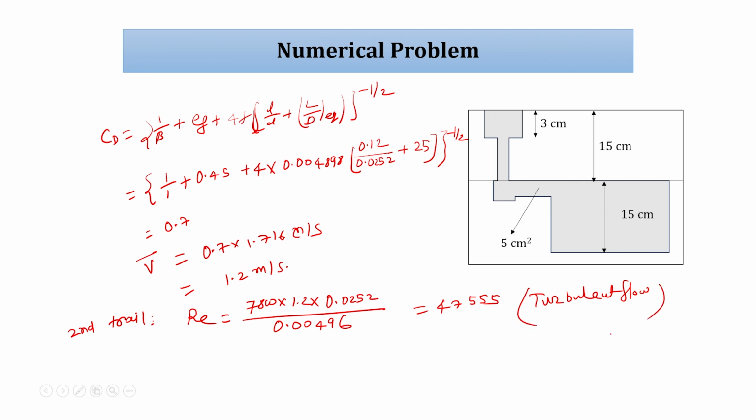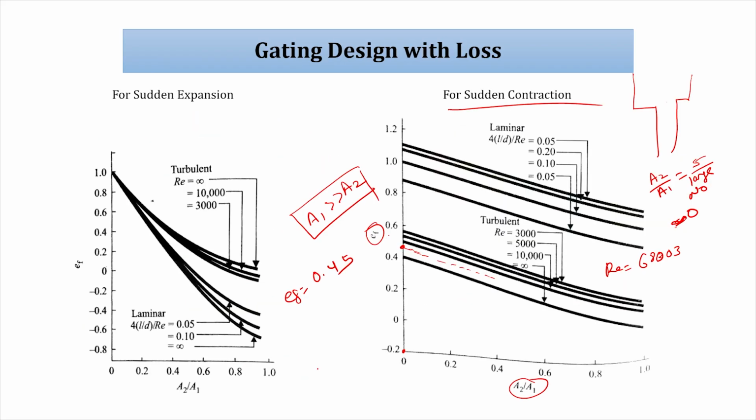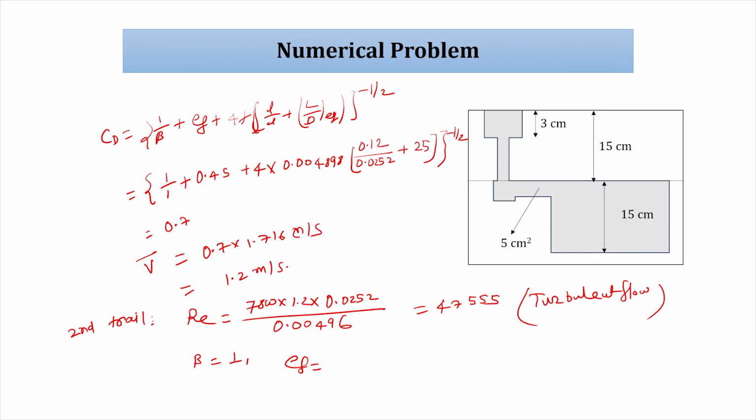So, beta equal to 1, and EF, again we check, EF will increase, so 0.45 to 0.46 we will take.